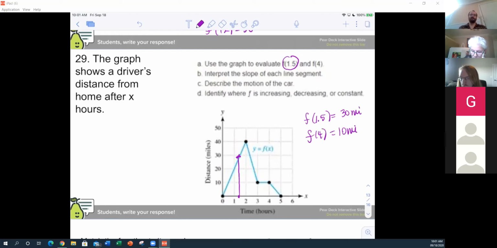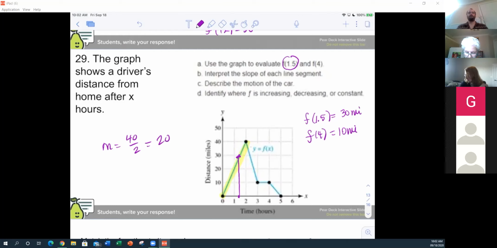Okay, so let's interpret the slope of each line segment. So this first line segment, what's the slope? I put 4 over 2. It's 40 over 2, right?